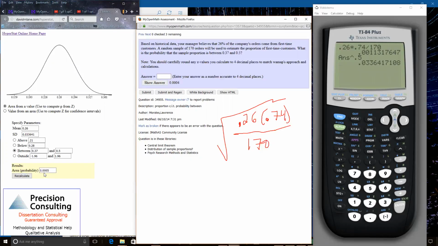It's probably a rounding issue with the applet, in which case you could use another applet or our calculator: second distribution, normal CDF. The low is 0.37. The high is 0.5. The mean is 0.26.